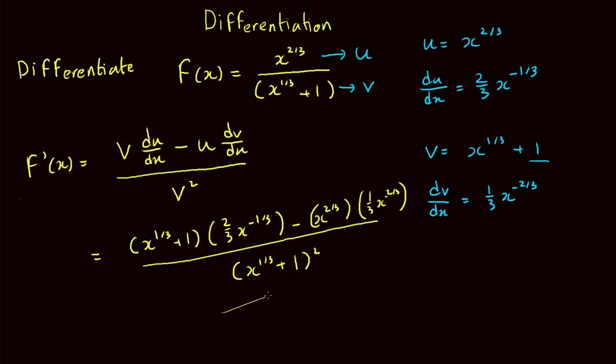You can leave it like this; you don't really have to simplify it. So that's basically how you do the quotient rule.